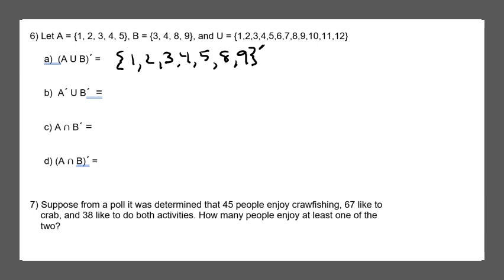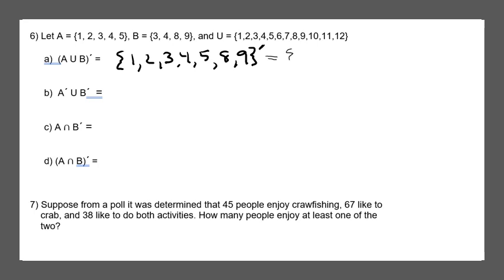To determine the complement, I need to look at the universal set. Now, if you look at the universal set, I have the 1, I have the 2, I have the 3, I have the 4, I have the 5.